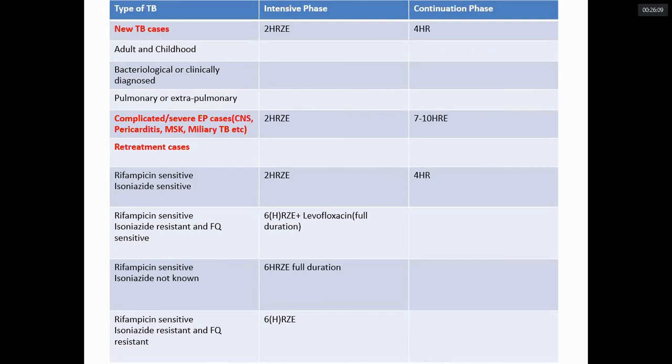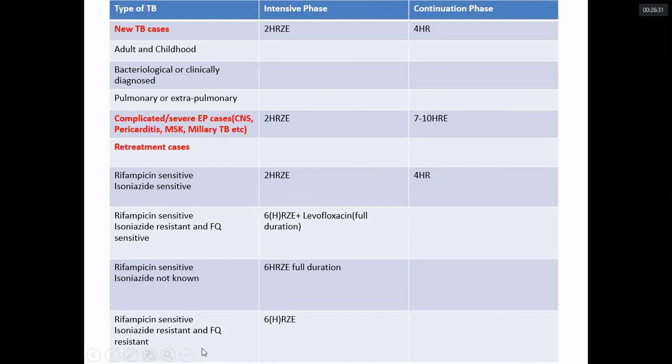So isoniazid is given in the packet form. Plus, we give levofloxacin for 6 months. If it is rifampicin sensitive and isoniazid sensitivity is not known due to the unavailability of the sensitivity test, then we give 6 HRZE full duration.